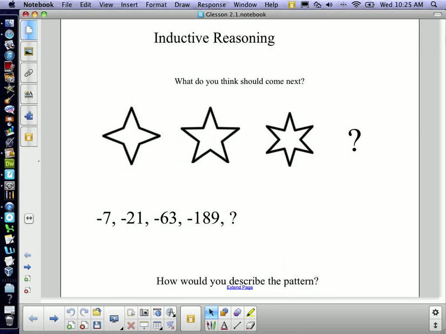How about here? I've got a pattern of numbers. -7, -21, -63, -189. Describe the pattern to me. Multiplied by 3 every time. So if I wanted to describe my pattern in words, I would say multiply by 3.